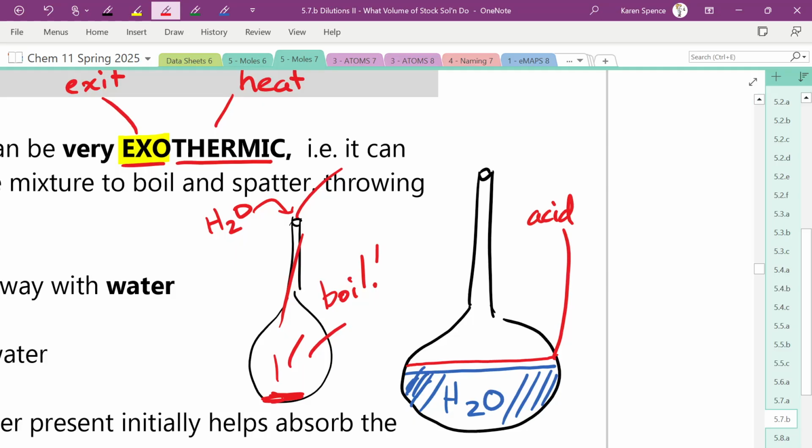Now, even though it's mixing, it's producing the same amount of heat, but there's a lot of water to absorb that heat, so the temperature doesn't rise as much. So we would put the water in first, then we would add the acid, and then we would swirl it, and then we would add more water up to the line. More H2O. Does that make sense? Okay.